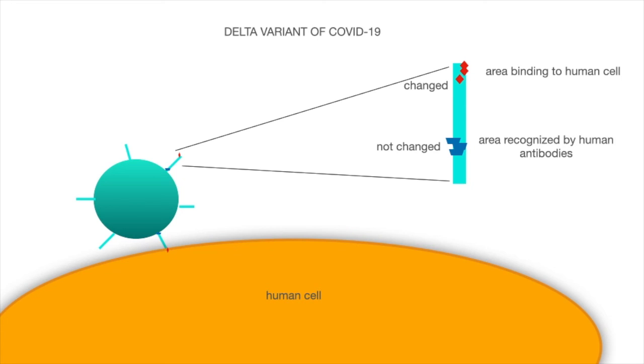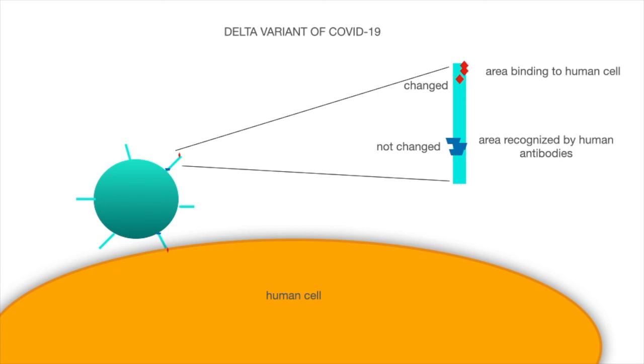And so our antibodies are still effective at preventing severe disease and death. However, the area of the protein spike that binds to the human cell is changing. And in this case, it's caused the variant to bind more tightly, more effectively, and that leads to increased viral loads in the upper respiratory tract and increased transmission.